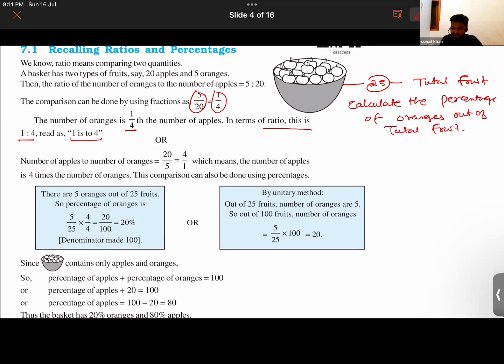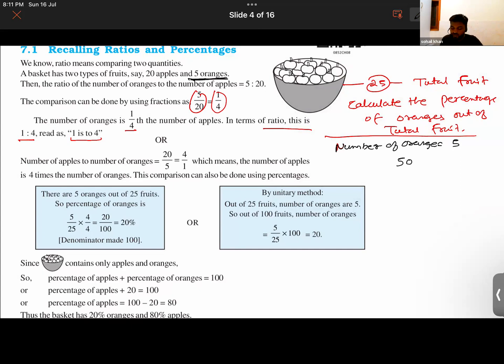So here it's given how many oranges there are as per the question. It's 5 oranges only, not 50. See, there are 5 oranges written over here, right?